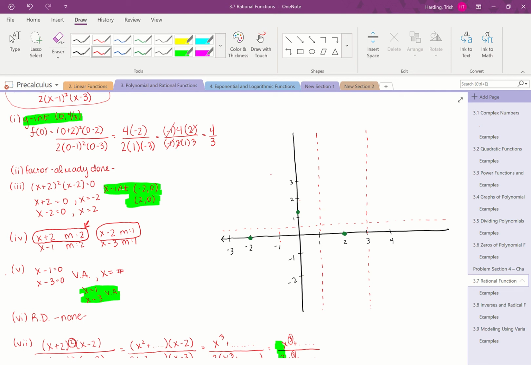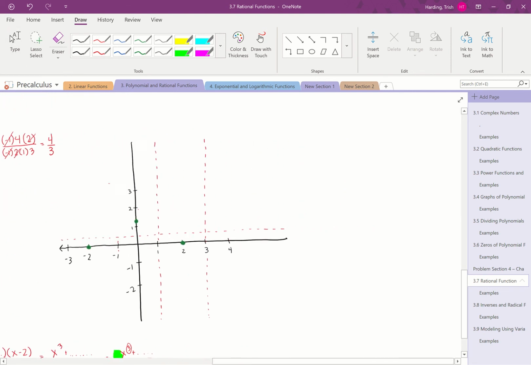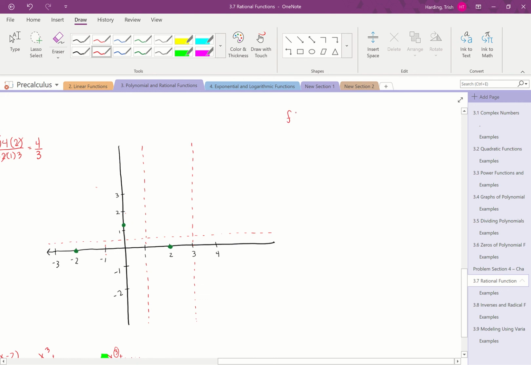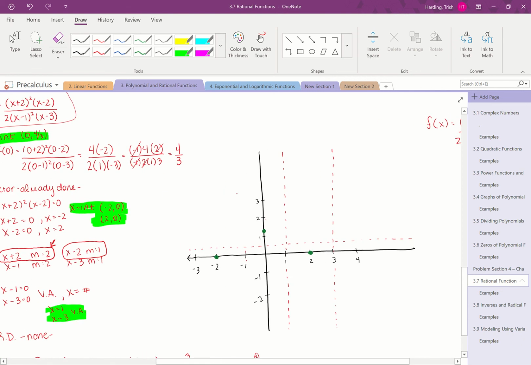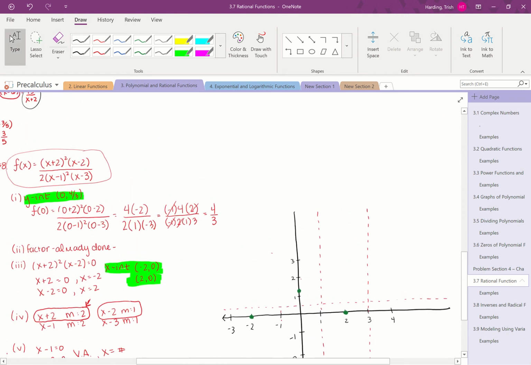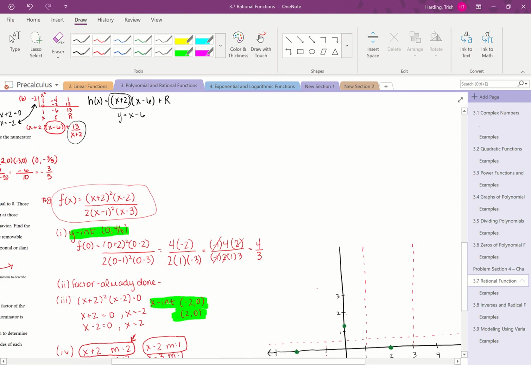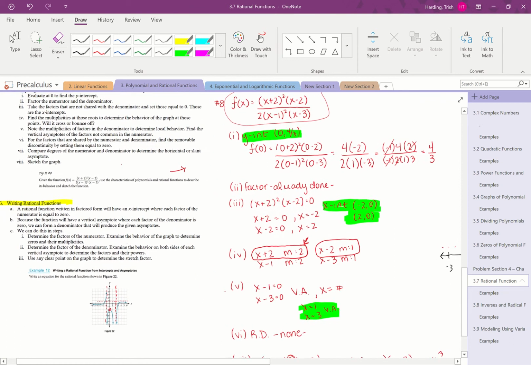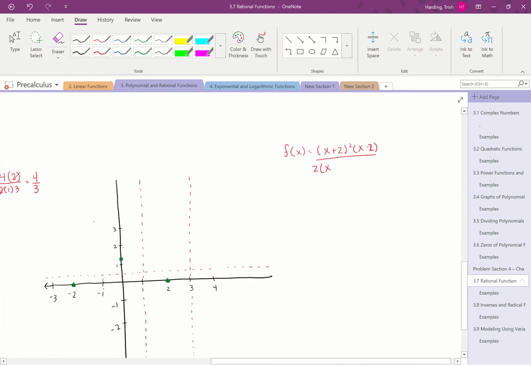Okay, so I am going to try to plot a couple of points. I have f of x equals x plus 2 squared times x minus 2, over 2 times x minus 1, x minus 3. Is that right? Yes, 2 times x minus 1 squared, x minus 3.